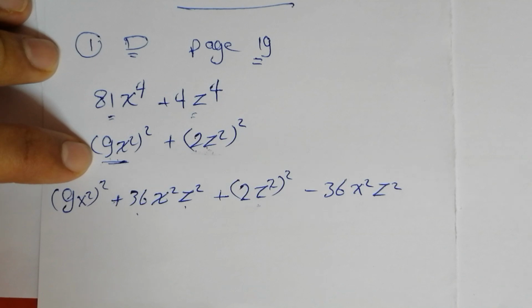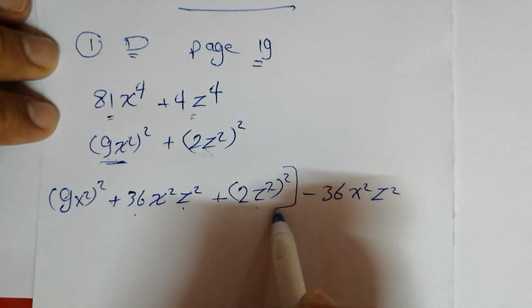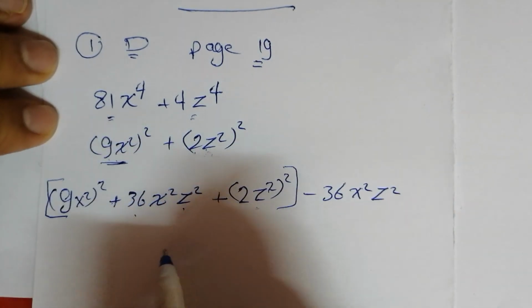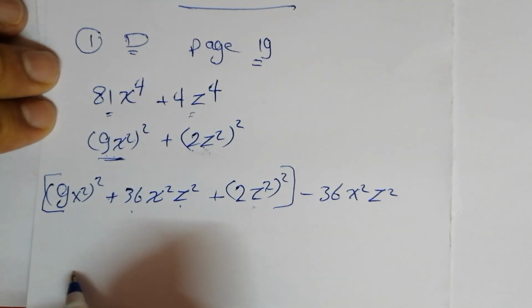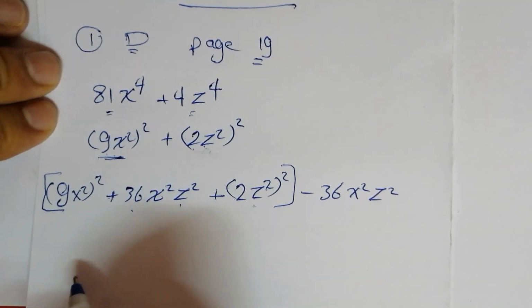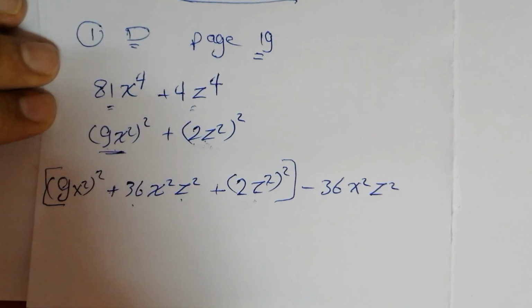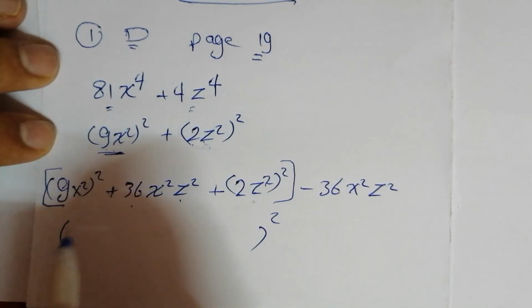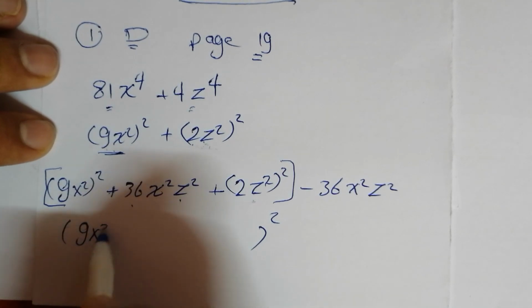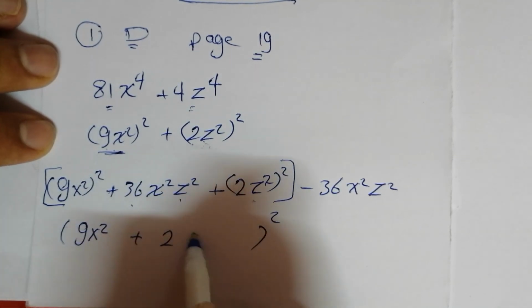So we can subtract 36x squared z squared. And now we're going to factorize the perfect square of 9x squared all squared plus 36 z squared x squared plus 2z squared all power 2. Yes, we have studied before how to factorize it. It's 9x squared plus 2z squared.